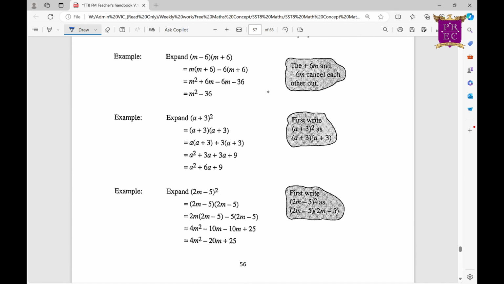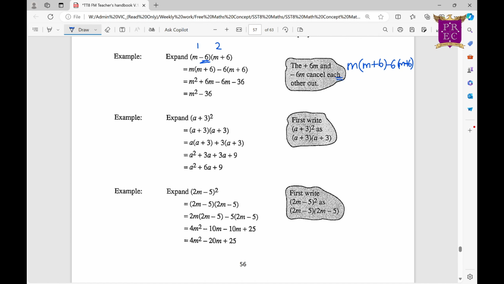So you notice how it's bracket m minus 6 times by bracket m plus 6. And so if we just break up bracket 1, what we get is the first term, which is m times m plus 6, minus 6, be aware of the symbol at the front, times by m plus 6 again.